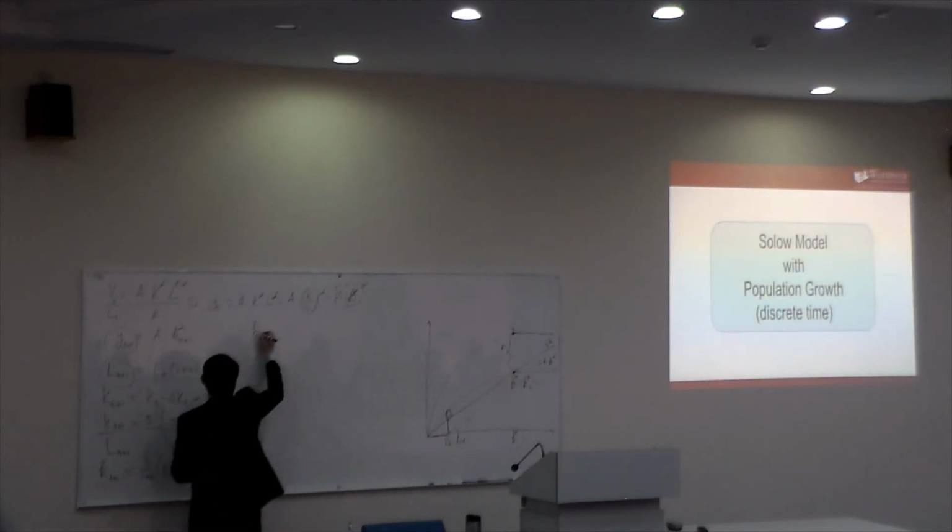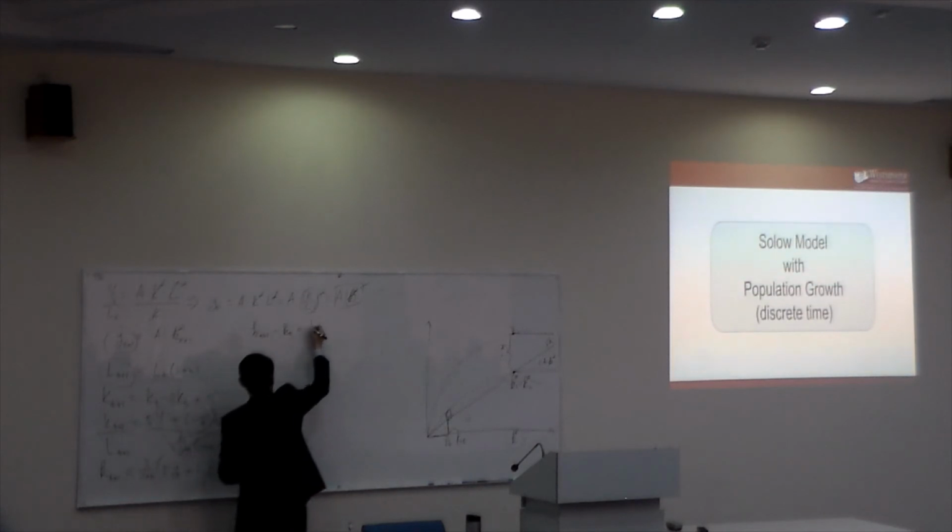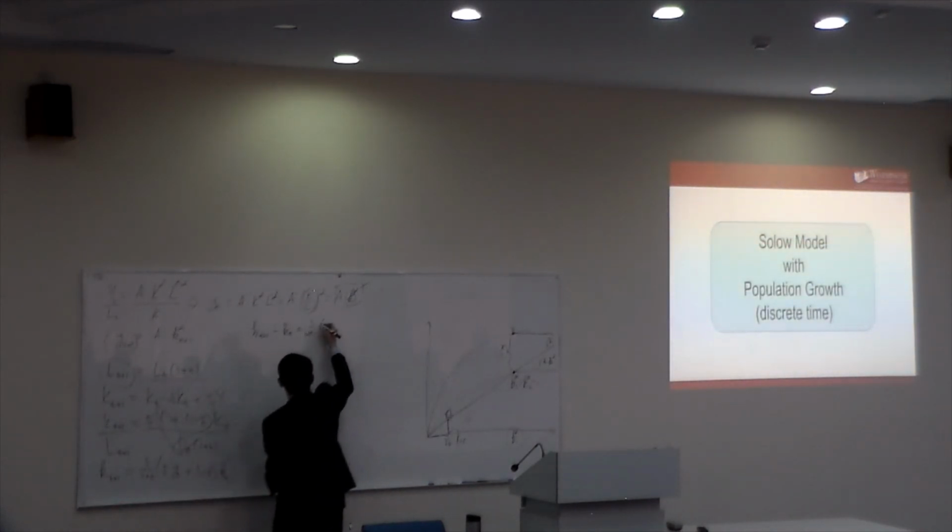So k_{t+1} minus k_t is equal to 1 over (1 plus n) times [s y_t plus (1 minus depreciation rate) k_t] minus k_t. So let me write it again.